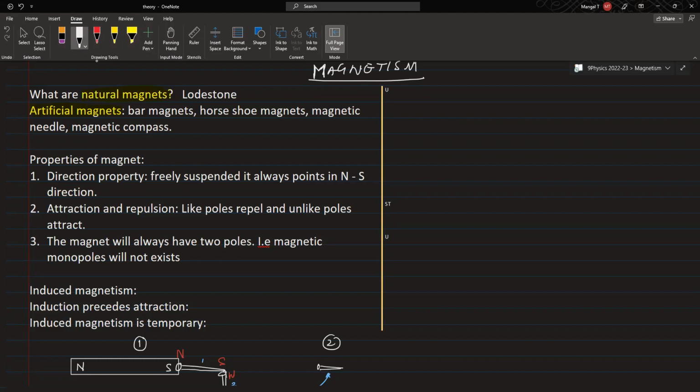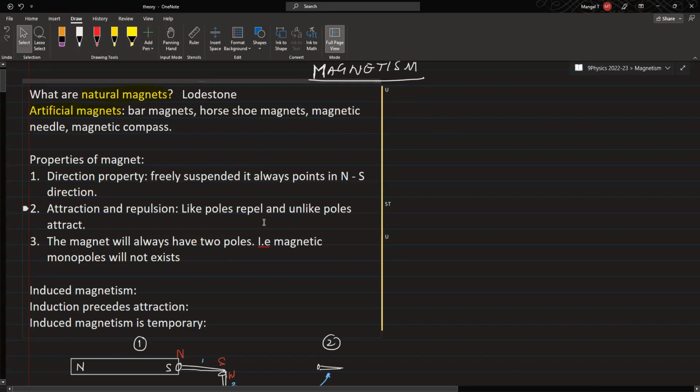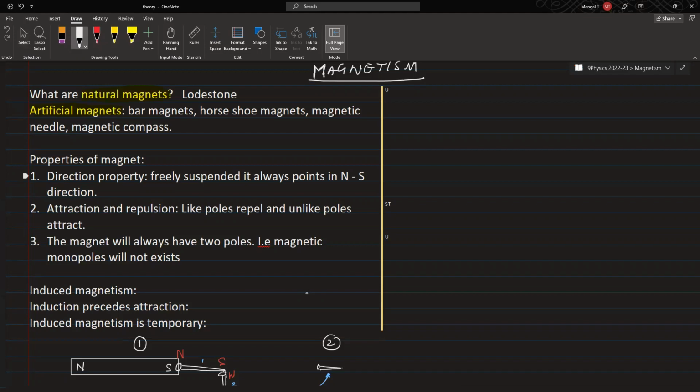Now, any magnet, whether it is artificial or natural, shows the following properties. One is the directive property. That means if you suspend a magnet freely, it will always point in the geographical north-south direction. This is because the Earth itself behaves like a magnet. Inside the Earth, there is an imaginary magnet which creates a magnetic field all around the Earth.